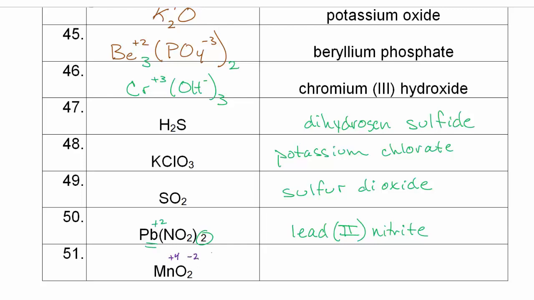This has to be a -2. Because then we would have Mn2O4. But it's the simplest ratio. That's how they get MnO2. So it's manganese, the charge in parentheses, 4, oxide.